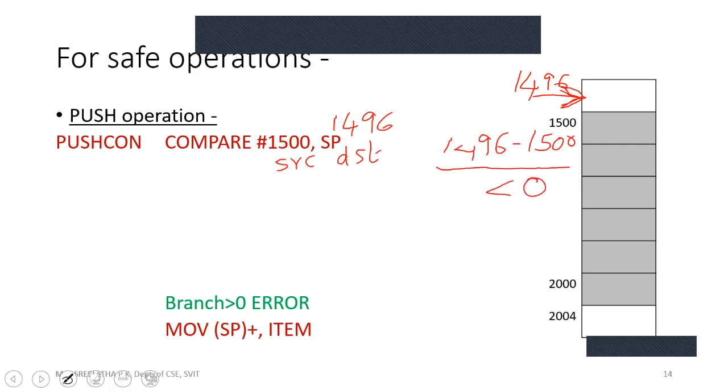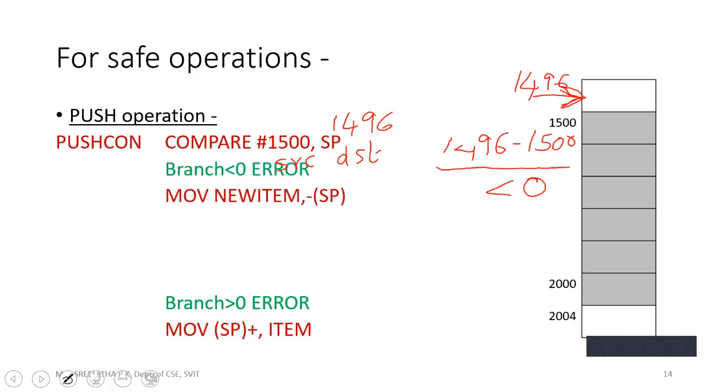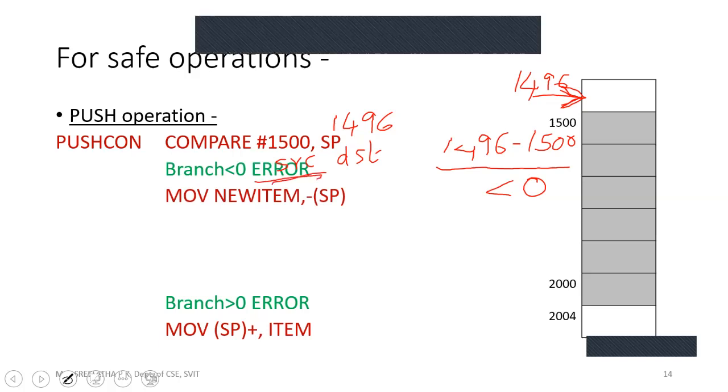A less than 0 value means the stack is full. There is no space in the stack. It is an error. If this condition is false, that means the stack is not full. In such a case, the element is moved to the stack.